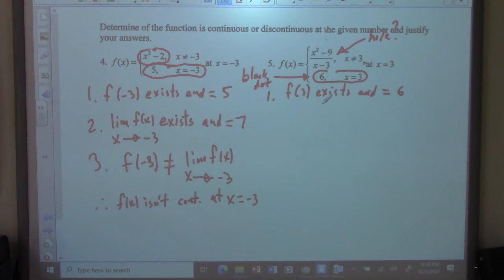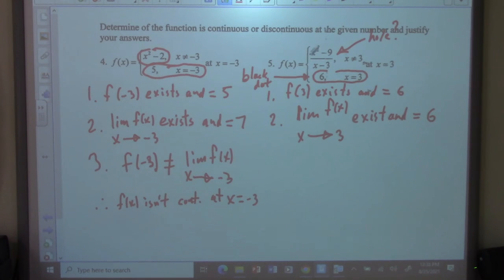Okay. So number 2 we have here the limit as x approaches 3 of f of x exists and is equal to 6. Okay, let's check that, because if you factored the top, you would just have x plus 3 left, right?